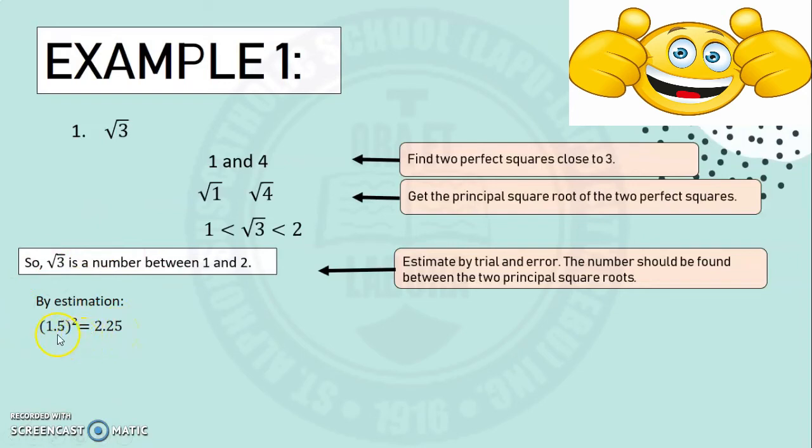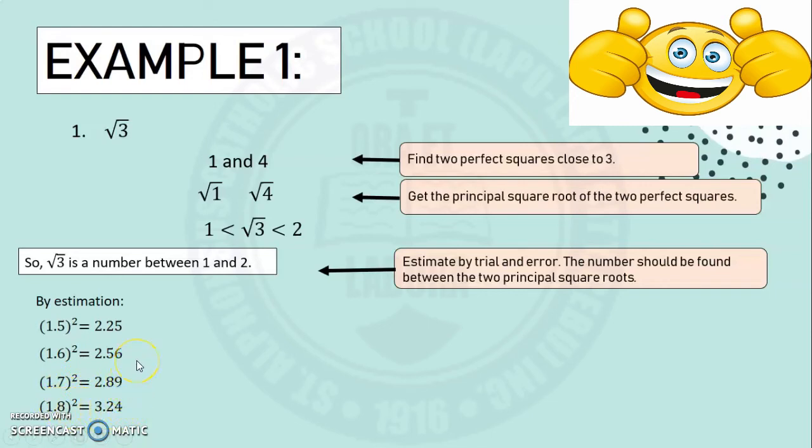Let's try another number, 1.6. 1.6 squared is 2.56. Okay, it's almost 3. Now let's try another number, 1.7. 1.7 squared is equal to 2.89. Okay, and 1.8. 1.8 squared is equal to 3.24.